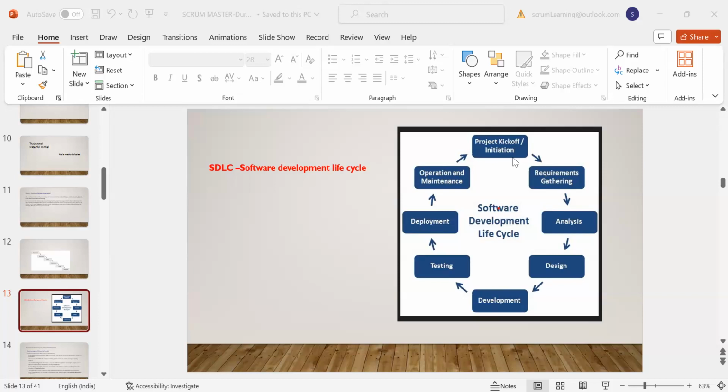They will have a formal contract with the customer, discuss all the budget constraints, and work on the timelines to be delivered. All the details required for a project will be covered in the project kickoff.